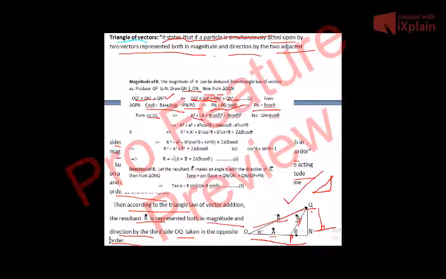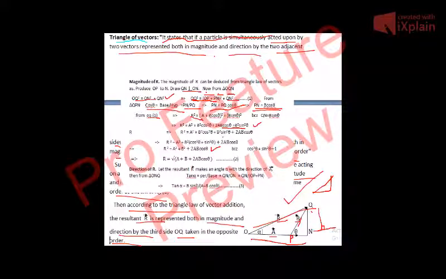OQ is R, OP is A, PN is B cos theta, which we have derived, and QN is B sin theta. So R square is equal to A plus B cos theta whole square plus B sin theta whole square. This implies R square is equal to A square plus B square cos square theta plus 2AB cos theta plus B square sin square theta.